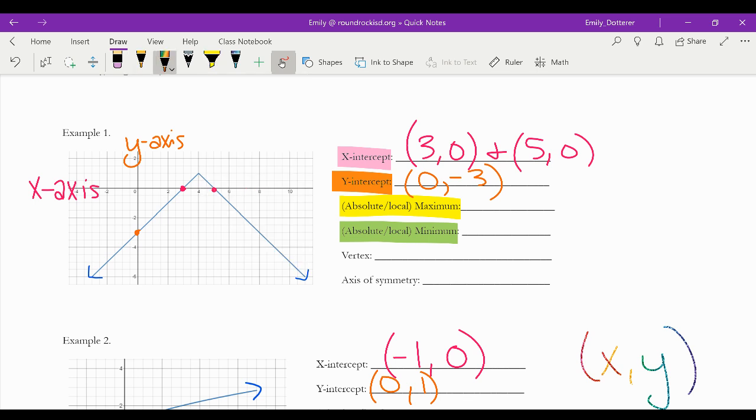Minimum and maximum are what are known as extrema. Those are high in the case of a maximum, or low for minimum points on the graph. It will make a shape kind of like that for a maximum, like that 4, 1 there.